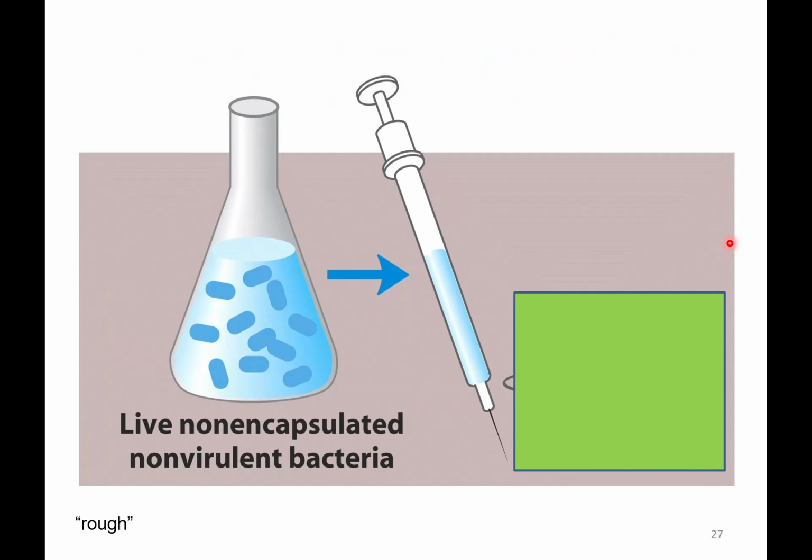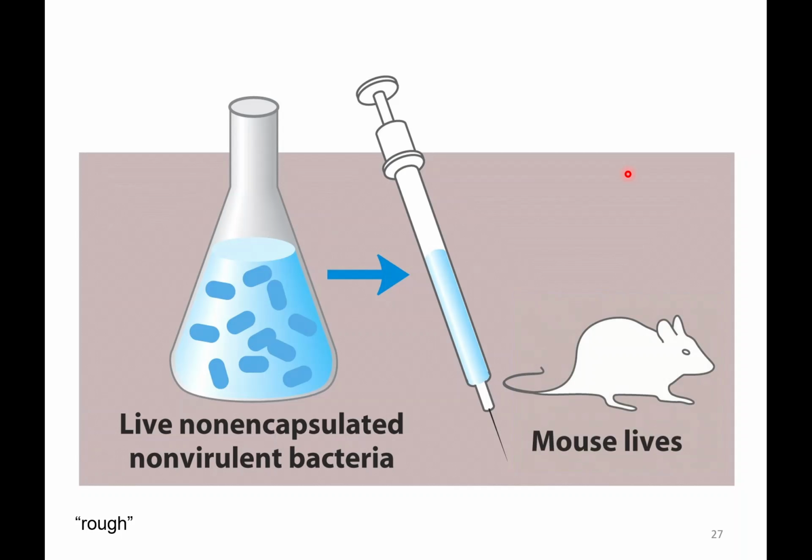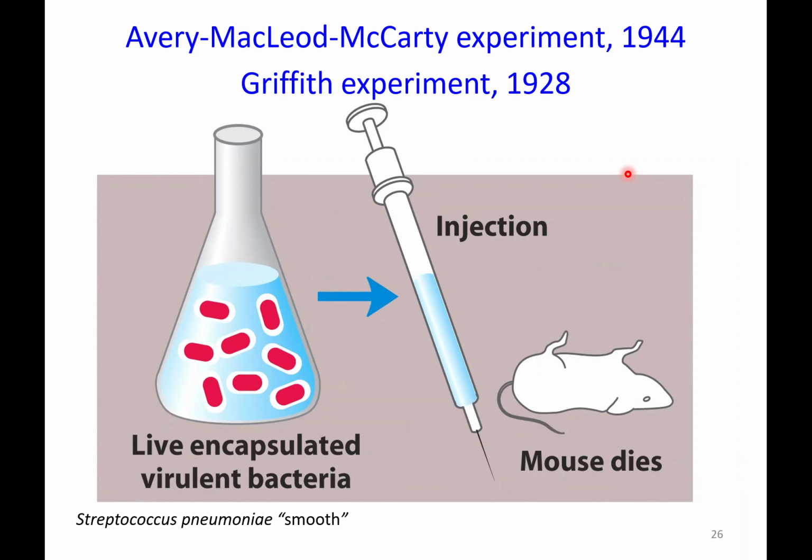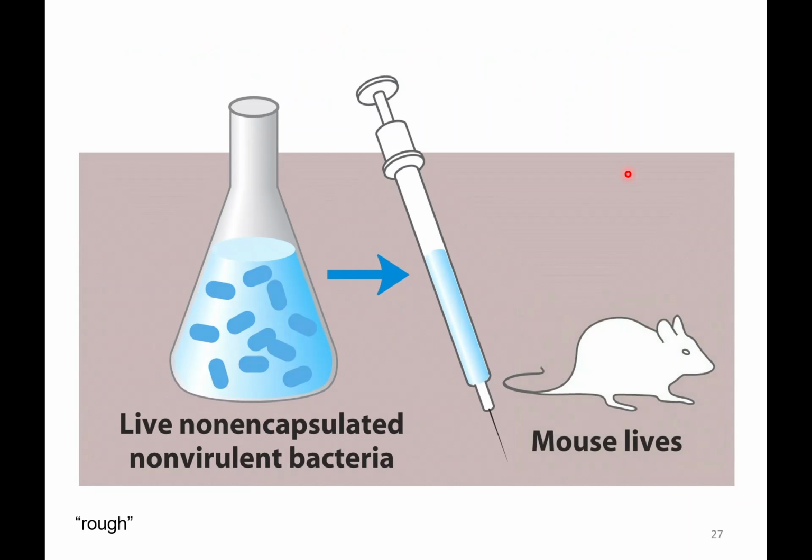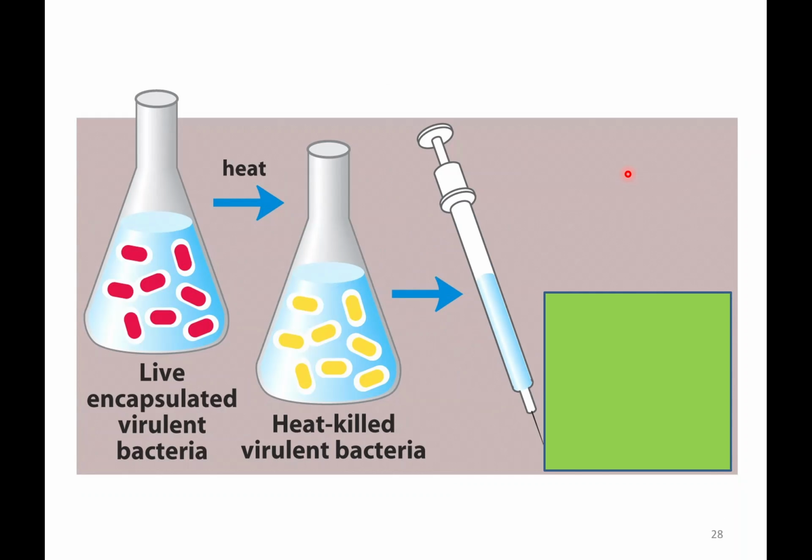And when you did the rough or R strain, the non-encapsulated, these are still living, they just don't have that capsule around them, you inject that into a mouse, and the mouse lives. So those would be the controls of the experiment. One is the positive control, injecting this virulent bacteria, the mouse dies, and a negative control, you inject the non-virulent bacteria, the mouse lives.